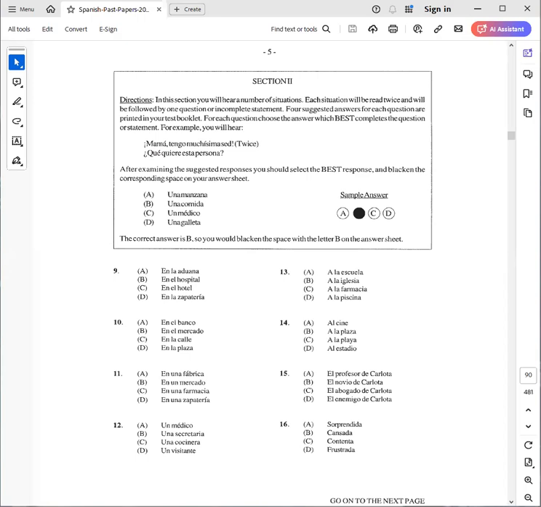Number 11. Por favor, ¿tiene usted alguna medicina para el dolor de cabeza? Por favor, ¿tiene usted alguna medicina para el dolor de cabeza? ¿Dónde están la persona?